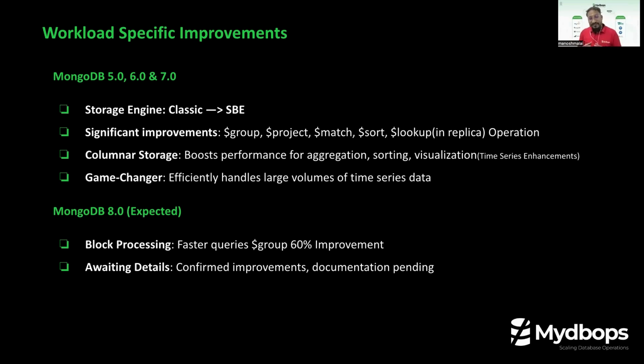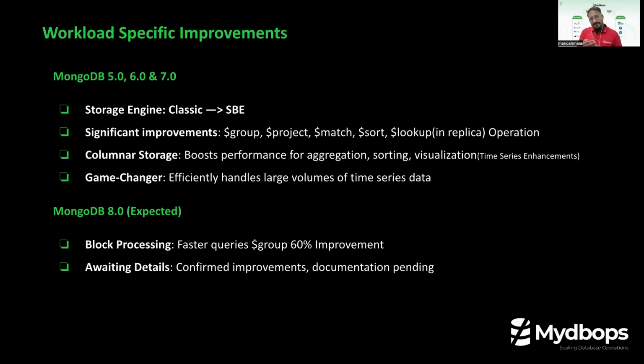So using that feature, Mongo is project-oriented, always. That is one thing I always love about Mongo. This is an important thing. So they use the WiredTiger storage engine's columnar storage for the time series database.